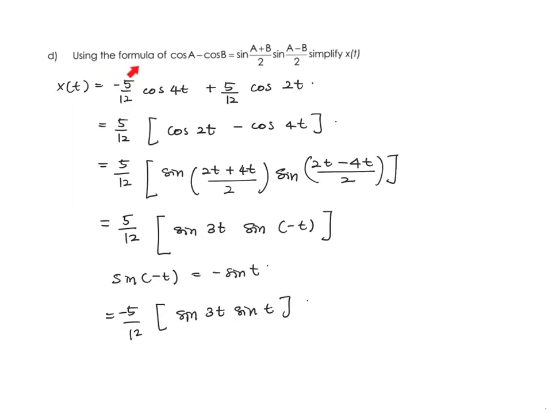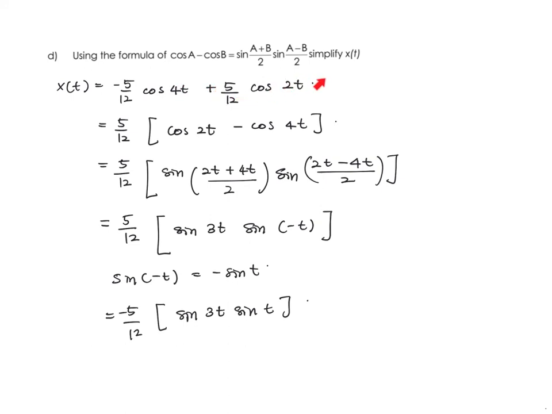Okay, D, using the formula cos A minus cos B equal to negative 2 sin (A plus B) over 2, sin (A minus B) over 2, simplify xt. This question just wants you to simplify xt. So first we have xt equal to negative 5 over 12 cos 4t plus 5 over 12 cos 2t.